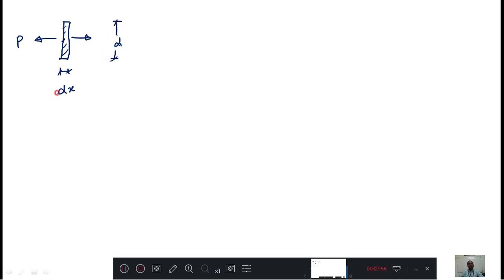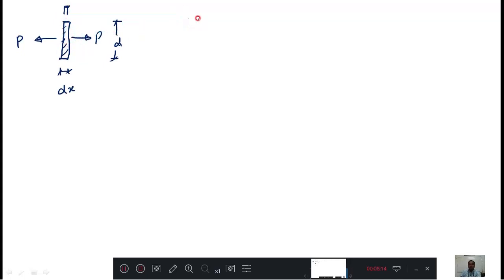This portion might be tapered like this, but since it is small, I can assume it is straight, which means it looks like a prismatic bar.